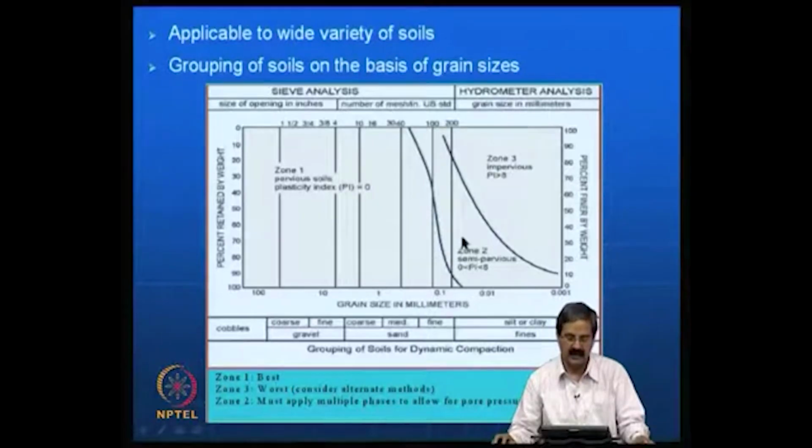And in between, the zone 2 comes, which we can say is semi pervious, and the plasticity index is in the range of 0 to 8. Actually here one should be a little more careful in applying dynamic compaction techniques, and it can't be rapid.